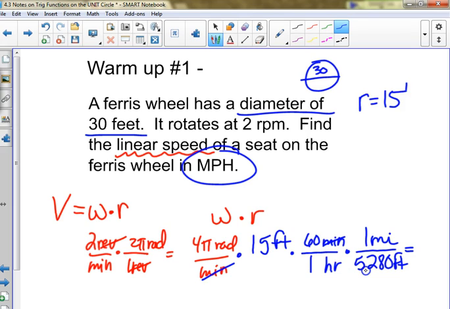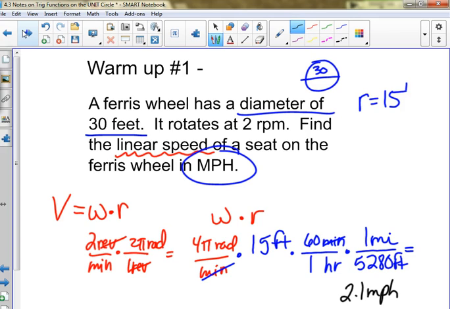I got 2.1. Anybody get that? Ferris wheel doesn't really go very fast, right? Okay. All right. Another review, warm up. Anybody have questions still on this one?